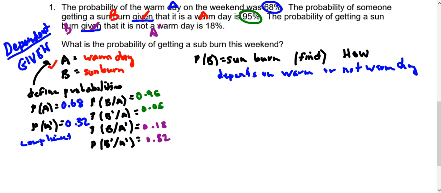Okay, so what we might have to do is split these up into two separate scenarios. All right, so I can have a warm day and sunburn.